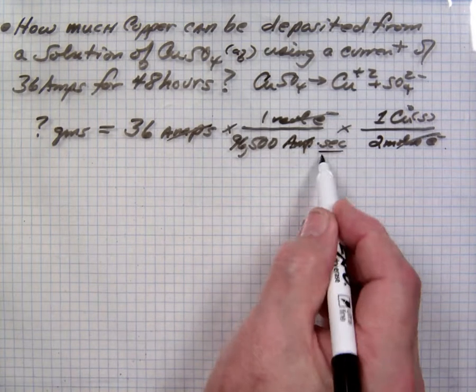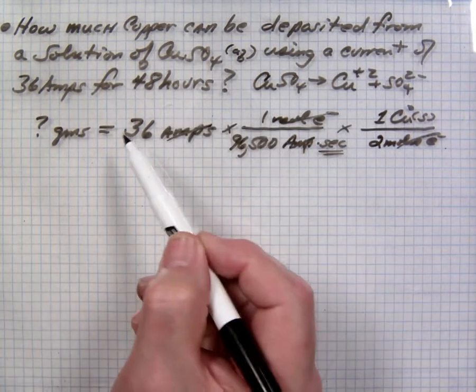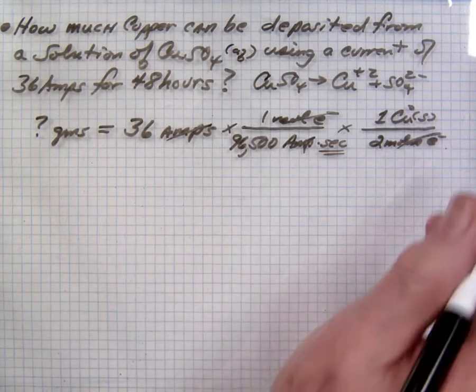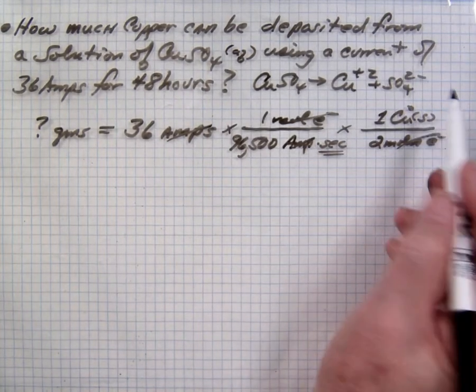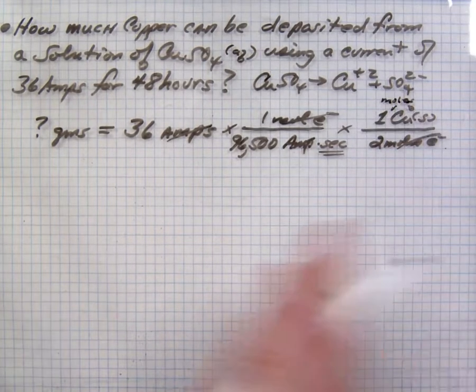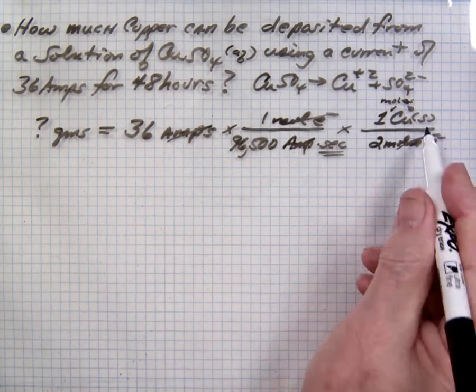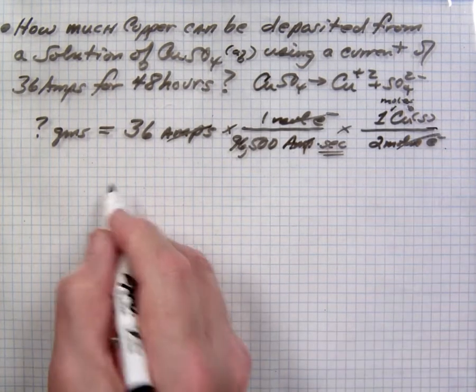Now we have seconds in here, and so we know right now we're getting 1 mole of copper, and we should put moles in there. Moles of copper for 2 moles of electrons. Okay, now we continue.